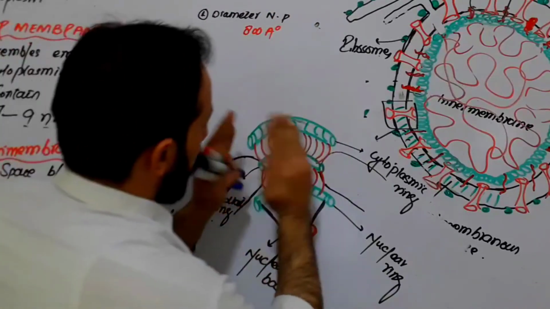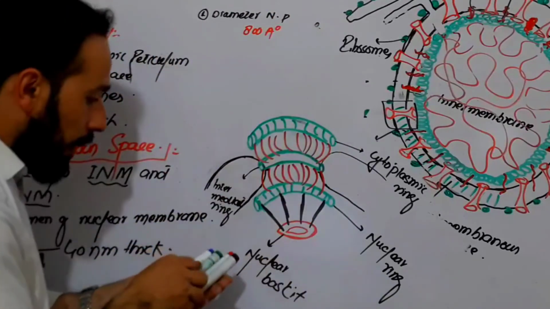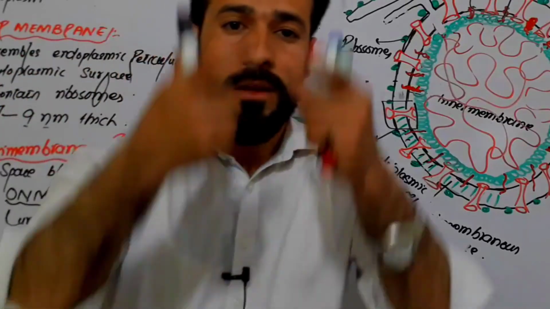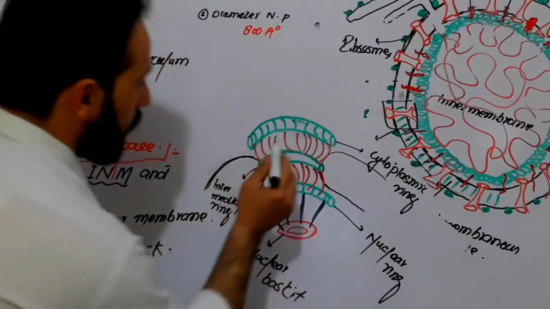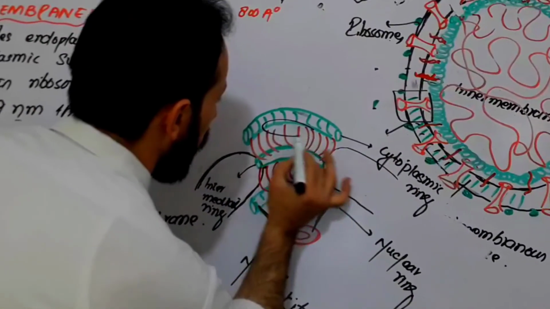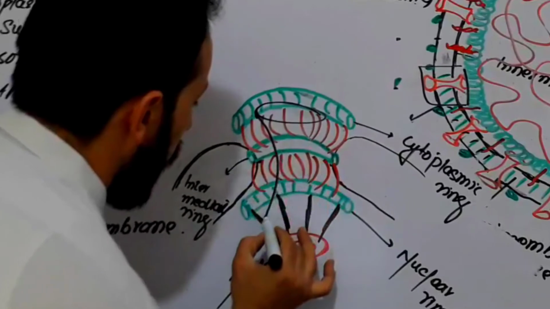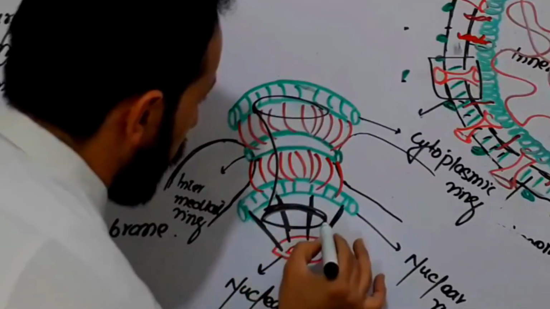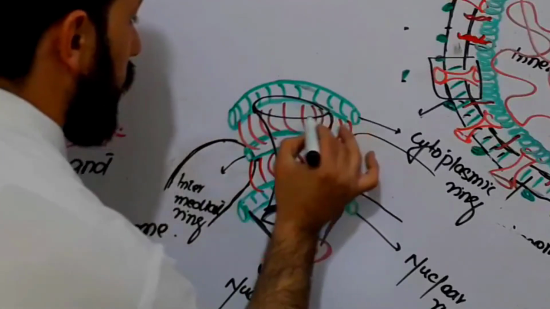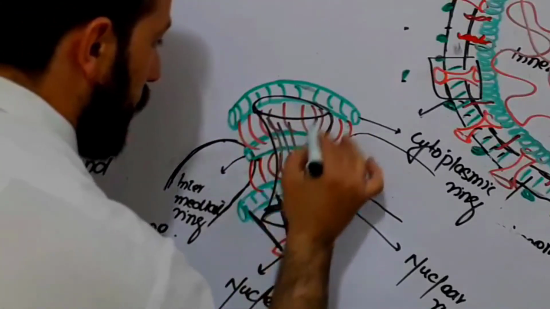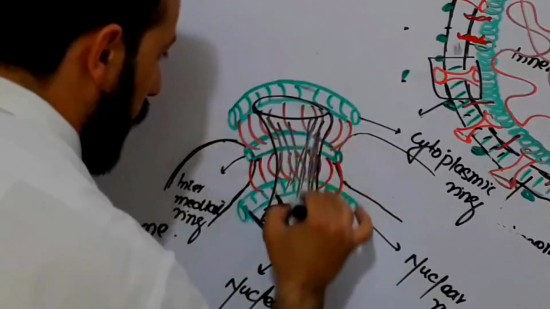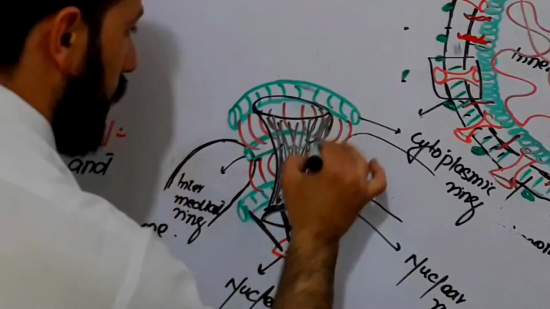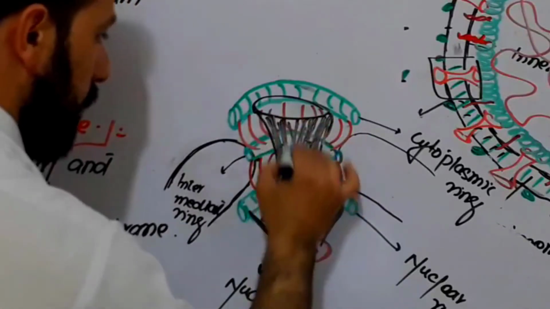So this is a ring of proteins here, and in between this ring there is a central transporter protein, right? It contains the central transporter.